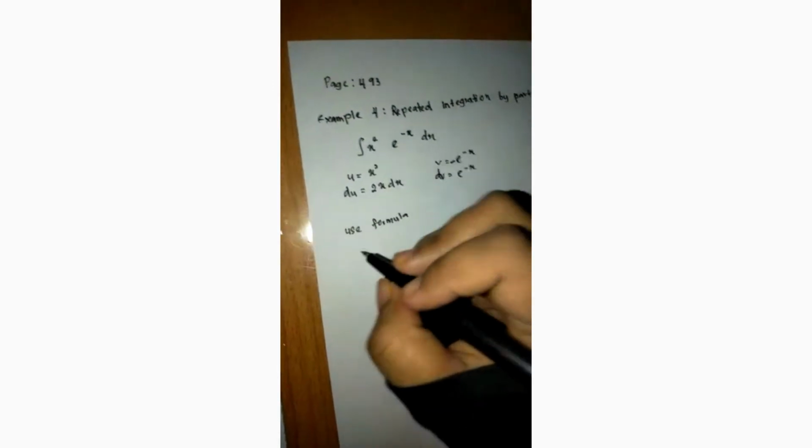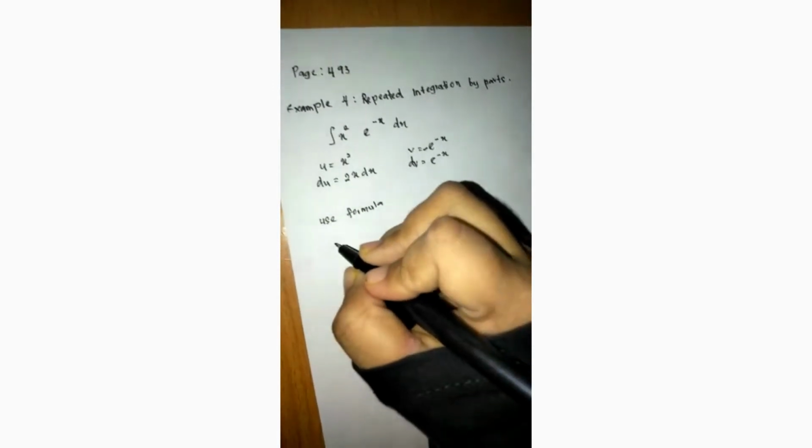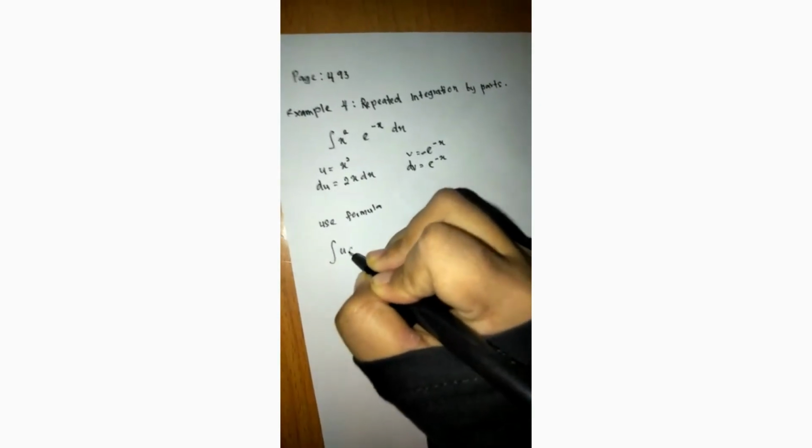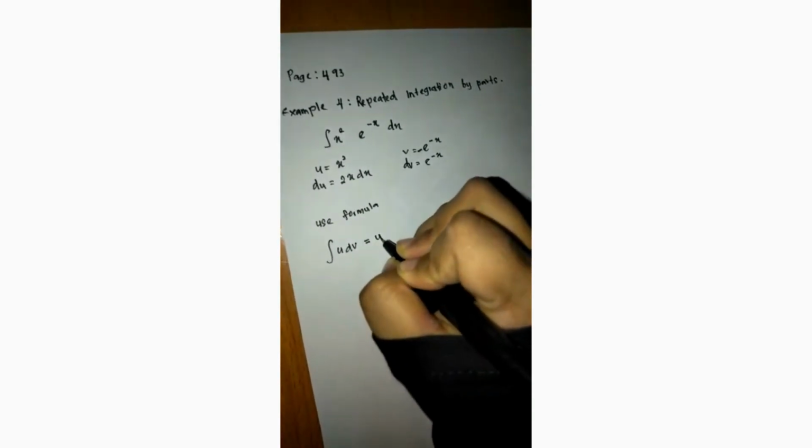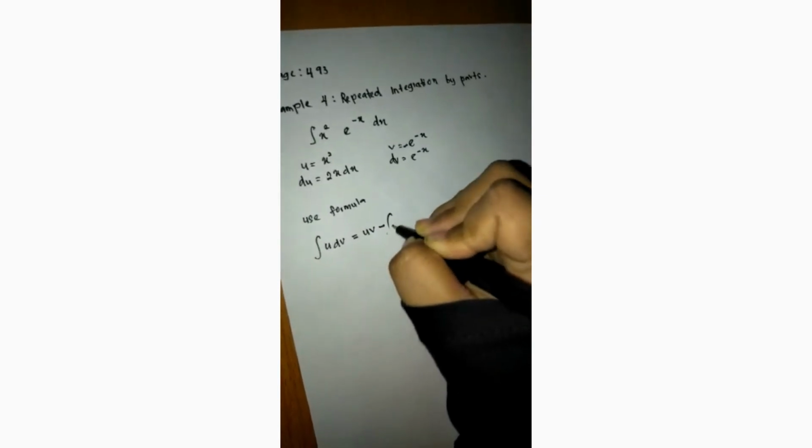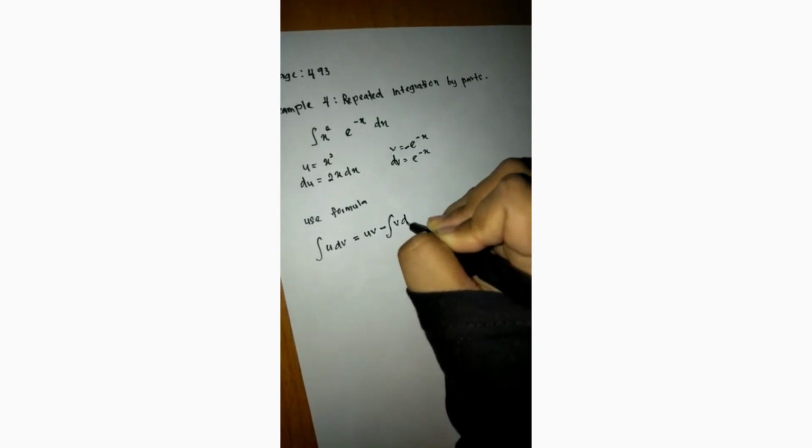Use same formula: u dv equal to uv minus v du.